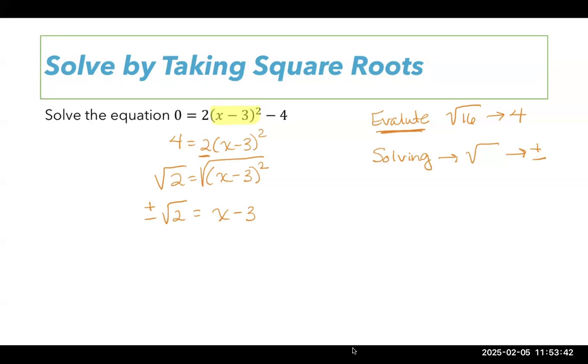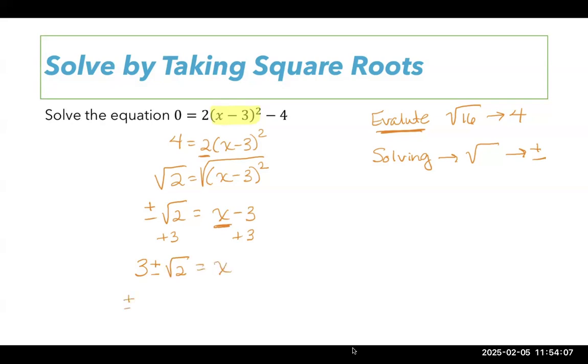And now to get our x completely isolated to solve this equation, we will add the 3 to both sides. Now, general convention is that a non-square root number would come first, then the plus or minus, and then the square root.